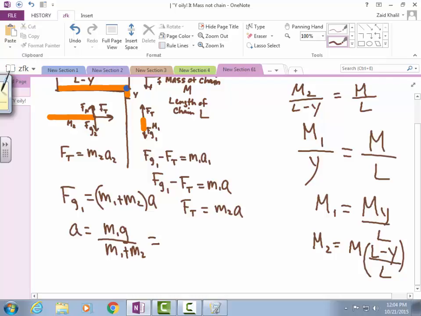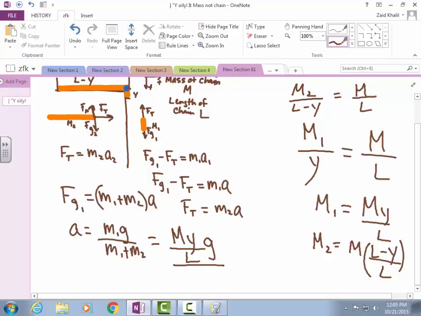And so then what do we get here for the acceleration? Times G over m1 plus m2. But what's m1 plus m2? And don't you dare plug that into that equation. Don't go and say it's y over L plus times m plus, it's just m.